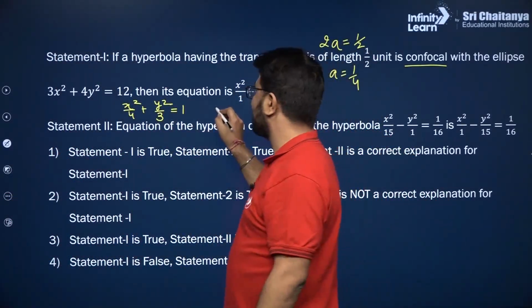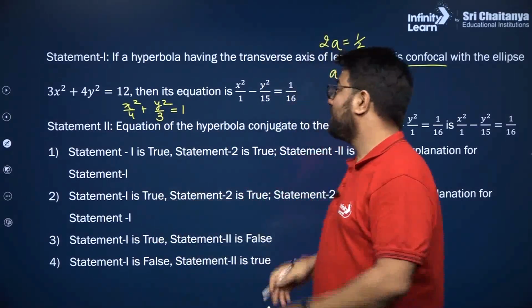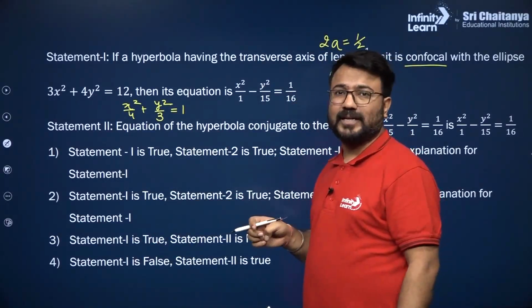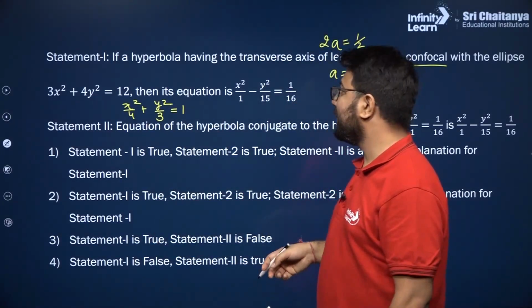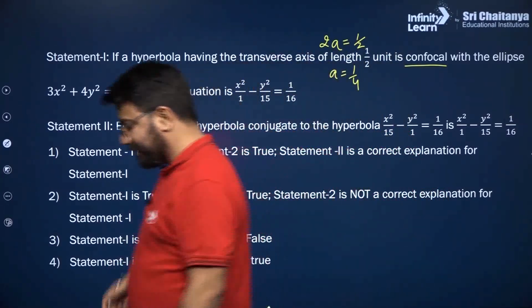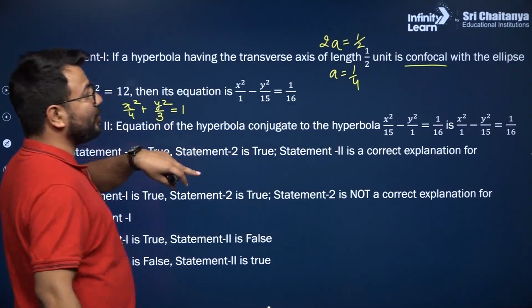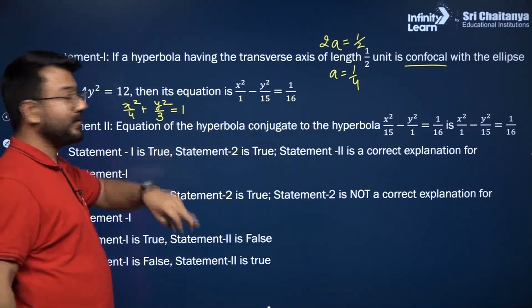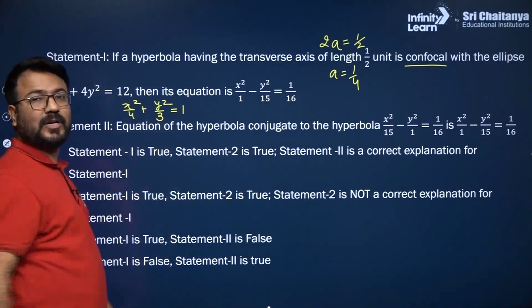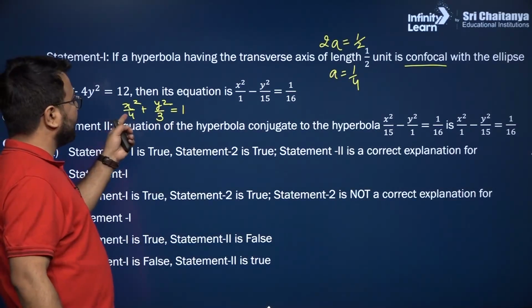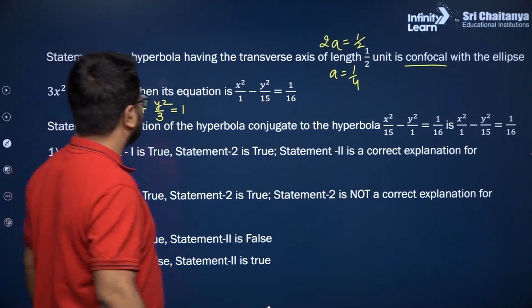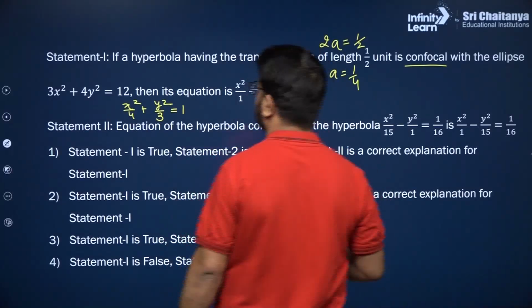So let us first get the coordinates of the focus. In case of the ellipse, the coordinates of the focus will be determined with the help of c square. Just a minute, I think there is some problem.